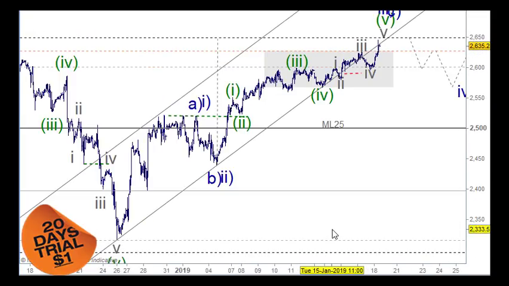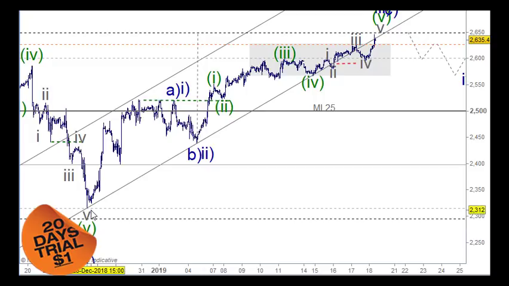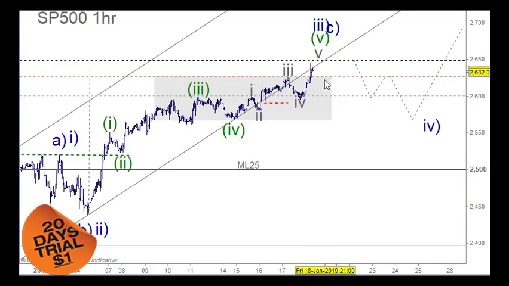This move to the upside here, let's just take a closer look at that in terms of the 1-hour chart. So from the current low here, we can look at this as wave A here and wave B, or wave 1 and wave 2 here, and then we move up into wave 3 here. So I've counted this here as 1 and 2 and 3 and 4 and 5 here for 1 and 2 here.